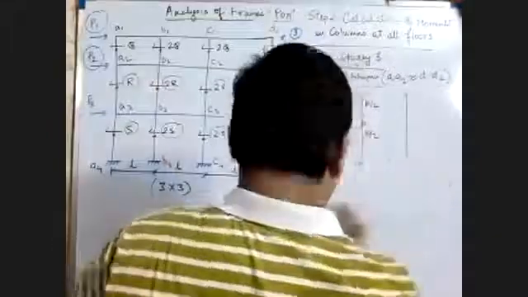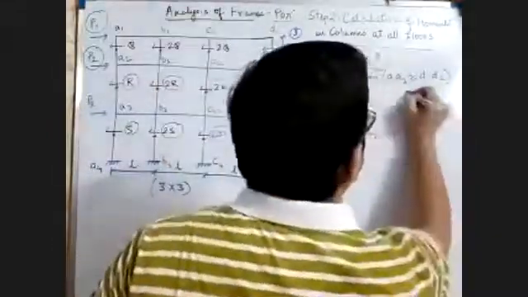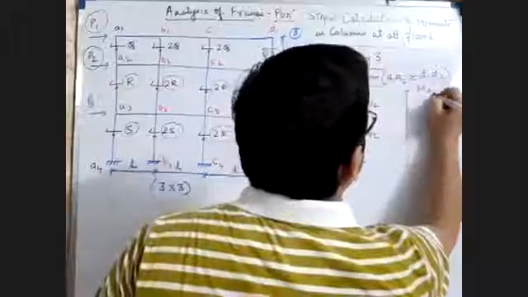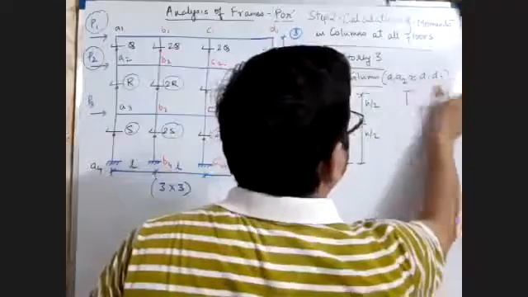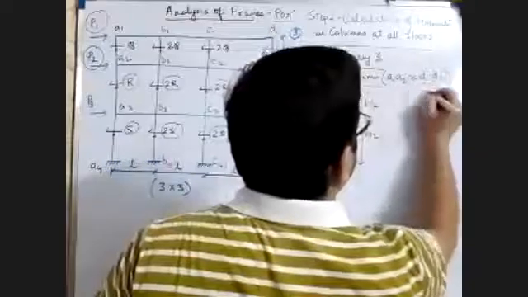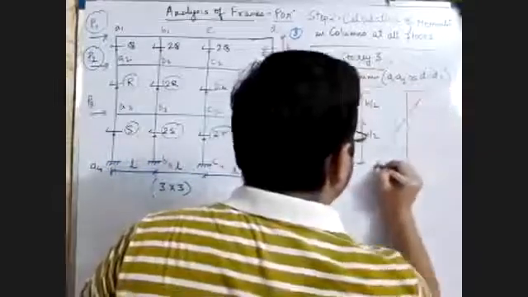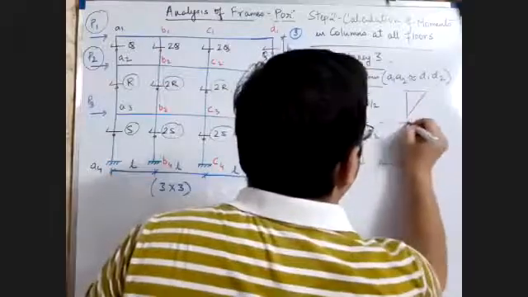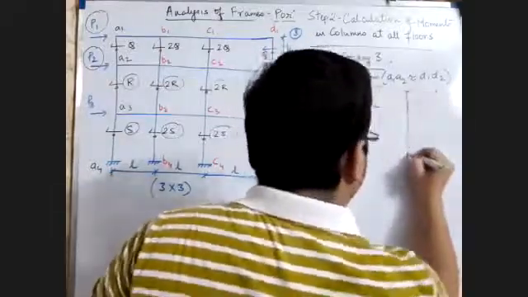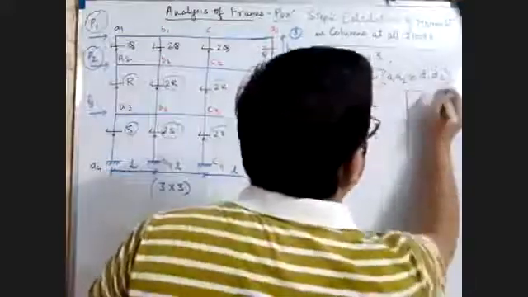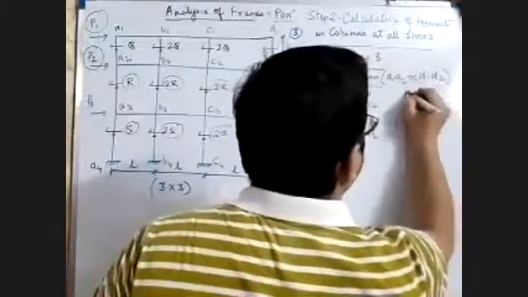So what will be my bending moment? If I take the bending moment diagram of A1, A2 like this, at the point of contraflexure my bending moment will be 0.